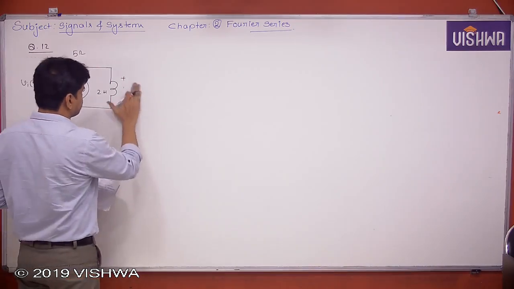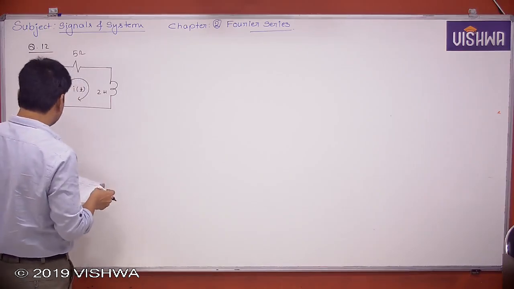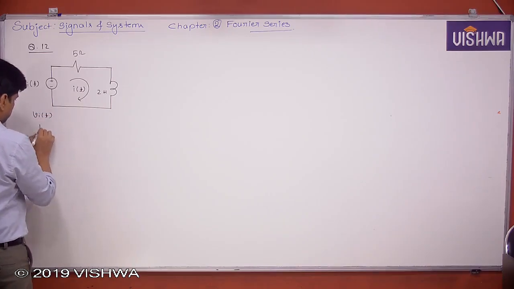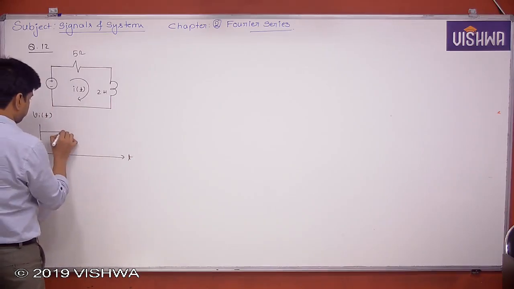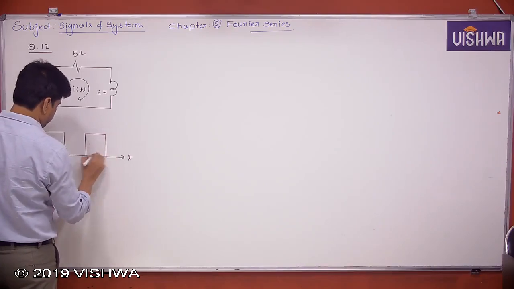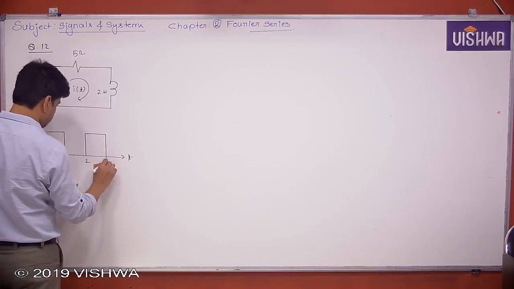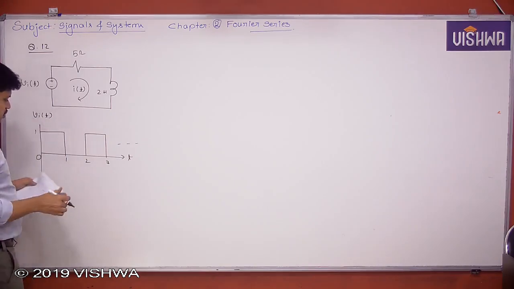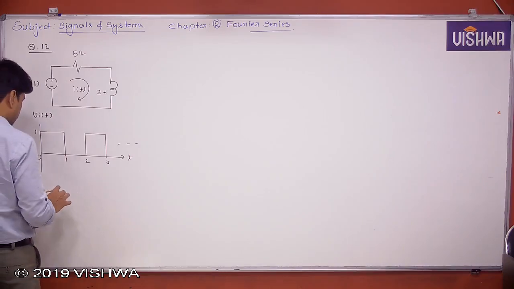So no need of V of t now. And Vi of t is shown like this: 0, 1, 2, 3 and so on. This is one. Obtain third harmonic component of current.